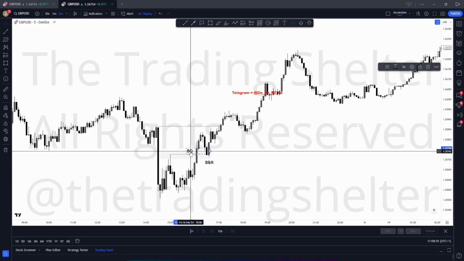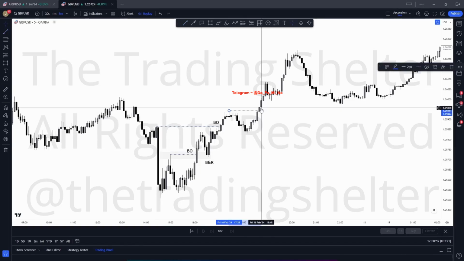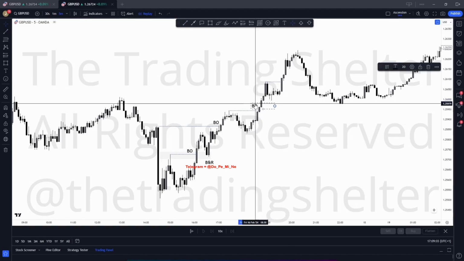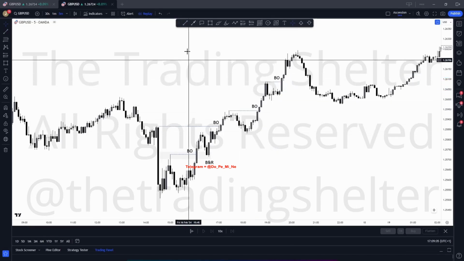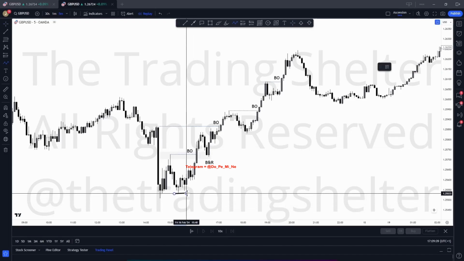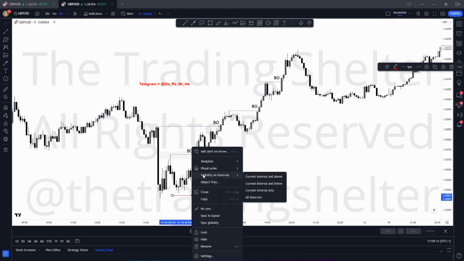Breakout traders entering here. Same thing here. It's always the same thing. As you can see, I do it pretty quickly because I have a little bit more experience. But I know you will be able to do it also. In hindsight, it's super easy.